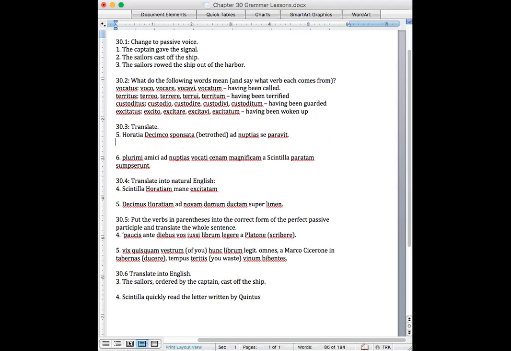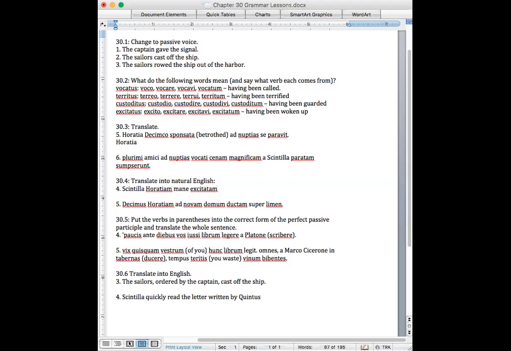Number 5. Number 5 is the sentence that is on your quiz. So Horatia and sponsata go together. They are both nominative and feminine and singular.